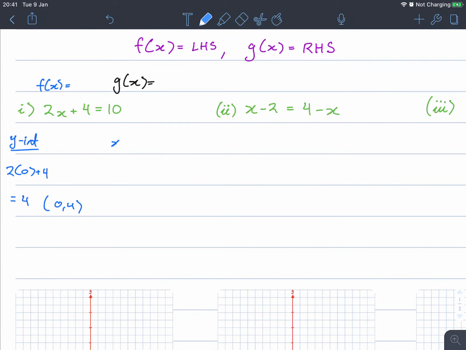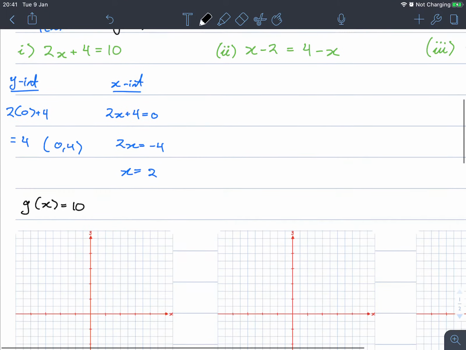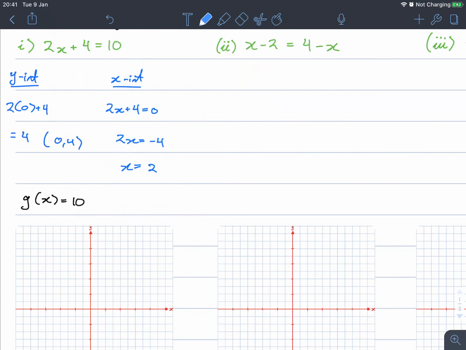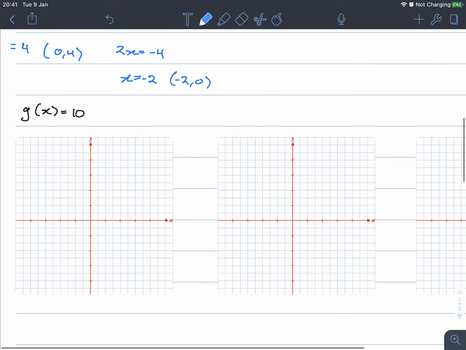For my x-intercept, we let the expression equal 0, so 2x plus 4 is equal to 0, 2x equals negative 4, x equals negative 2. So g of x equals 10 is just a horizontal line. Now let's graph both of these. Sorry, the x-intercept is (-2, 0).